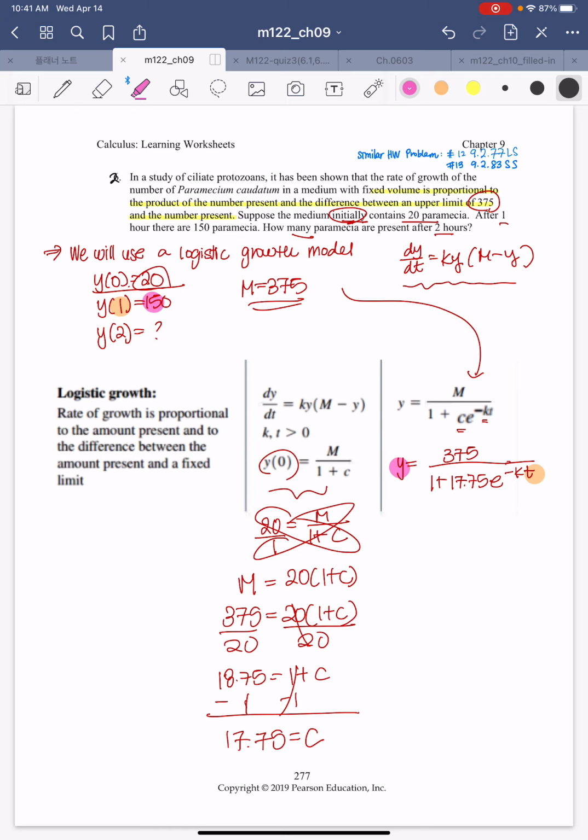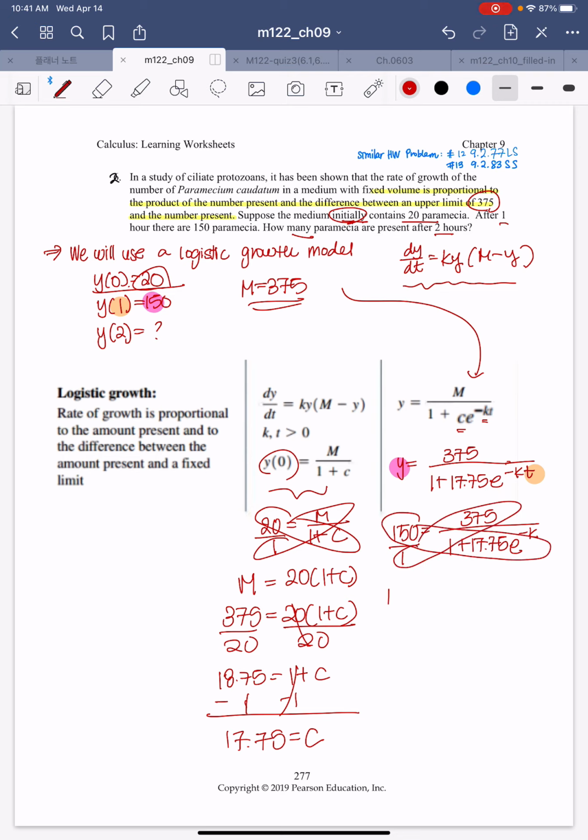So we can solve for k. So 150 is equal to 375 over 1 plus 17.75 e raised to t is 1, so that's negative k. So let's solve here. Again, cross product.